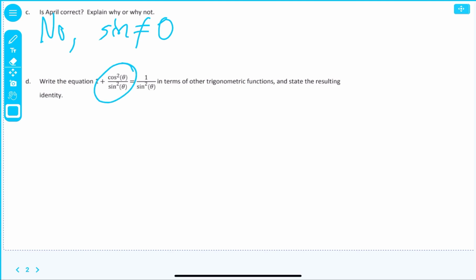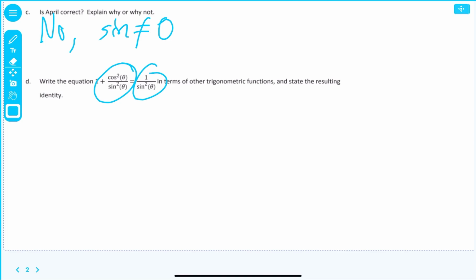What's another name for cosine over sine? Cotangent. Yeah. What is another name for 1 over sine? Cosecant.